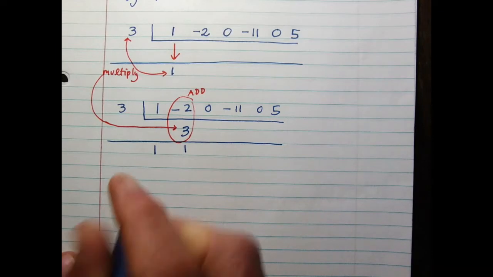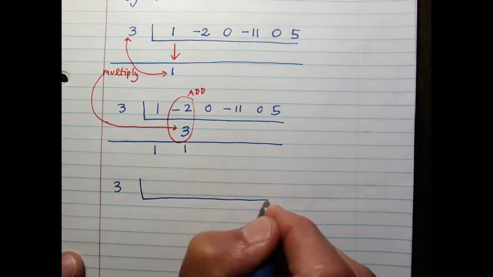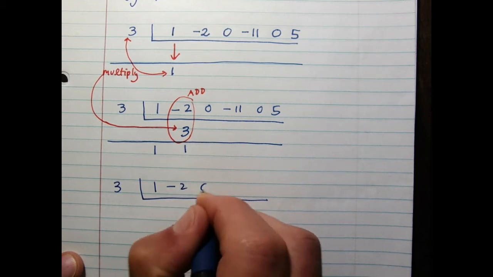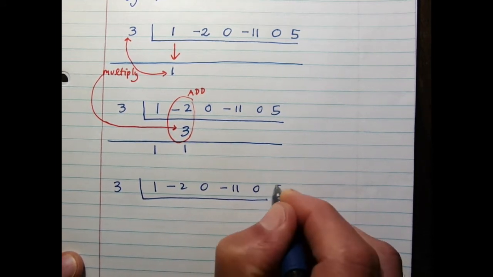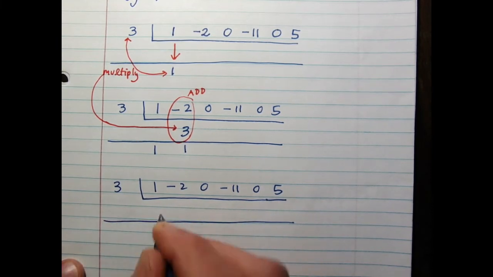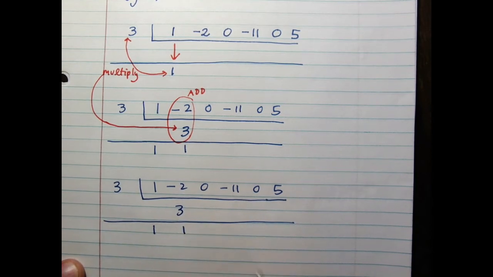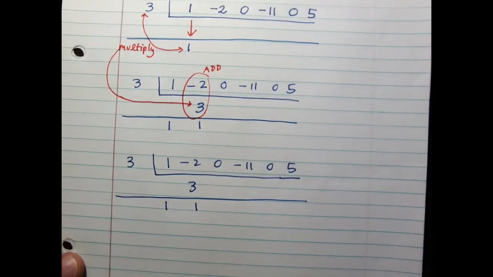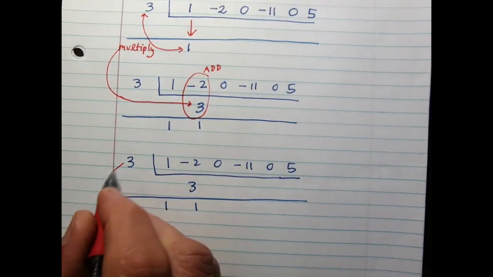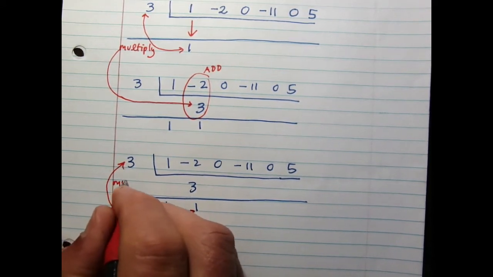Now I'm going to just, again, recopy everything. Bring down my 1. 1 times 3 is 3. Add these together, I get 1. Okay. Now I'm going to multiply this 1 times the 3 in front.